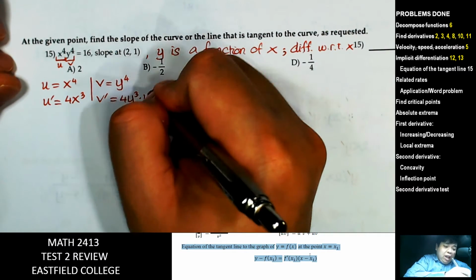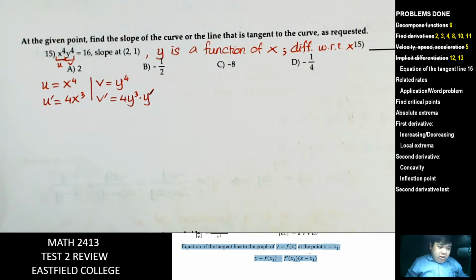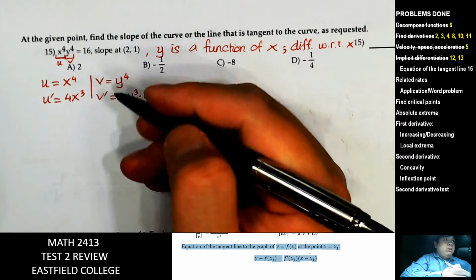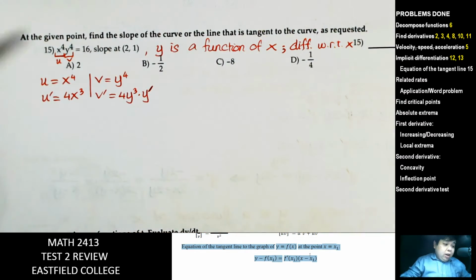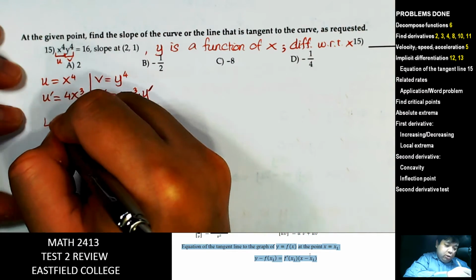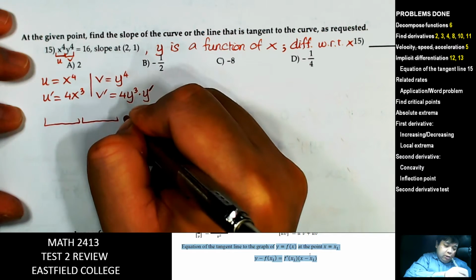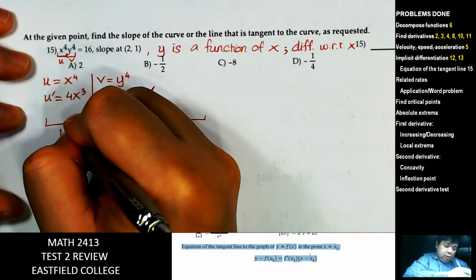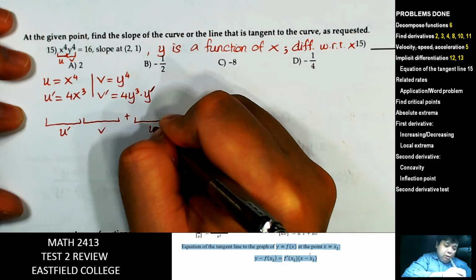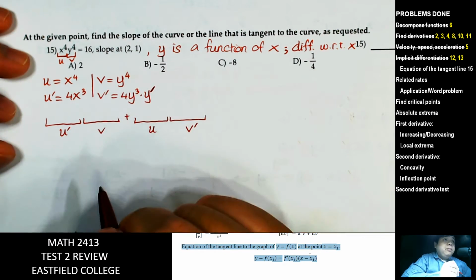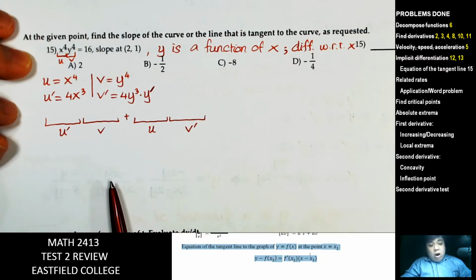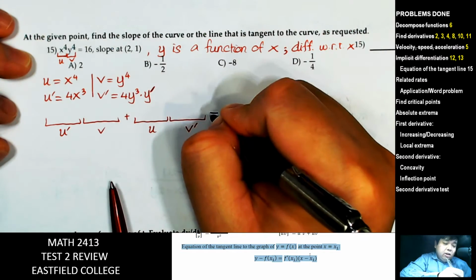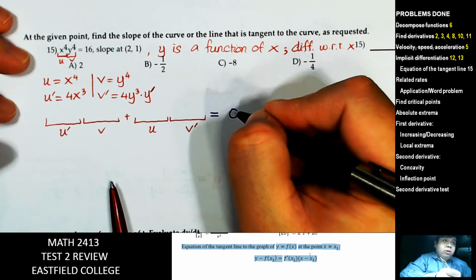We always have to have the y prime because after all we're going to solve for it. If we don't have it, we cannot solve for it. Right, so the left hand side is the product rule. The right hand side is a constant, derivative is 0.